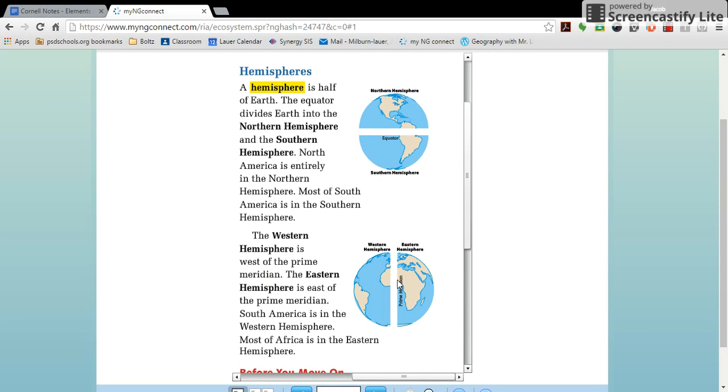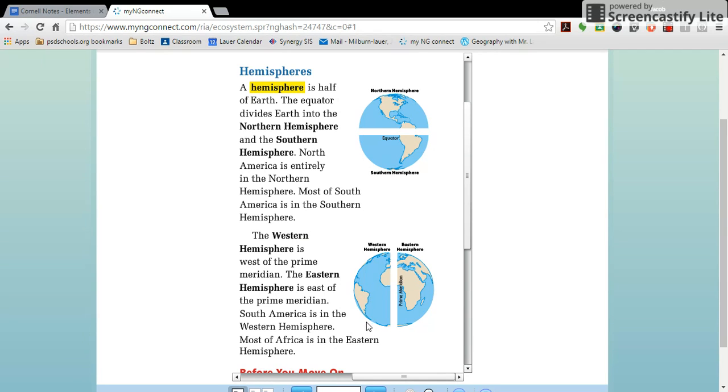So here's a globe, or actually a two-dimensional flat globe that has the Earth split at the prime meridian, this line right here. And here's the eastern hemisphere, and it was telling us that South America, oh, I'm sorry, I said that wrong.